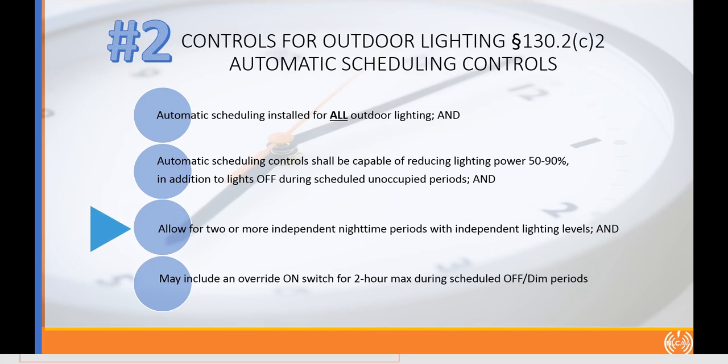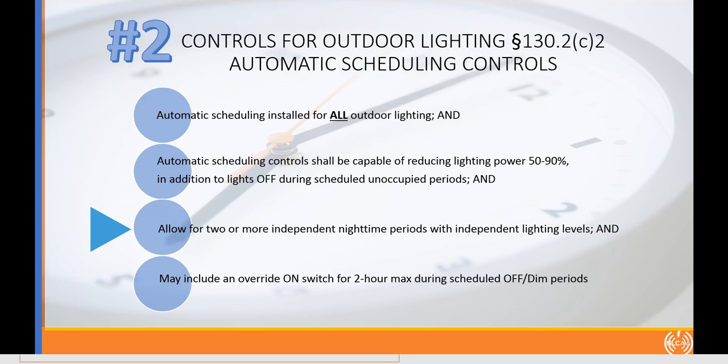So next one, allow for 2 or more independent nighttime periods with independent lighting levels. Yeah, most time clocks will allow us to be able to do this, and this is just us demonstrating that our lighting control time clock or system is capable of creating 2 time schedules during the nighttime.